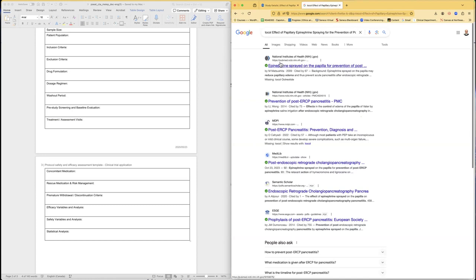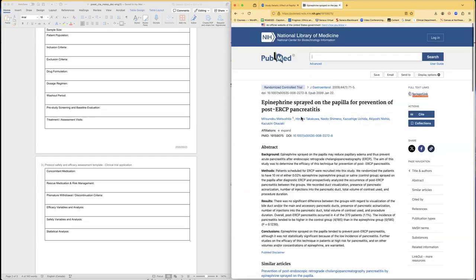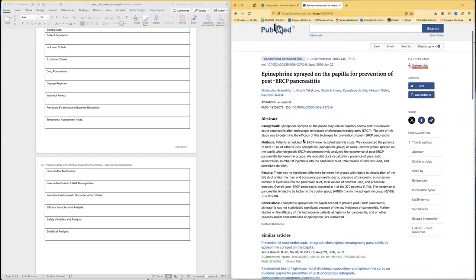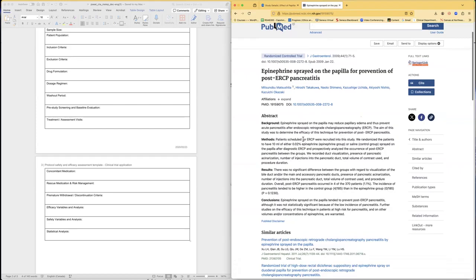So here you see, I can find the information on PubMed, epinephrine sprayed on the papilla. So I just searched for the information on the internet, and this will now give me the abstract of a published article related to this drug.